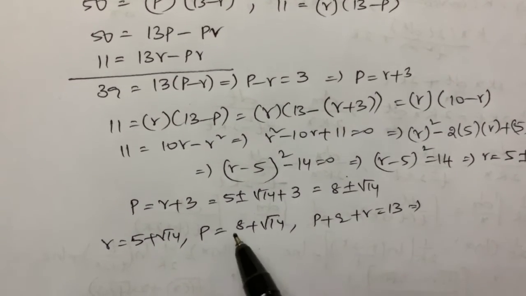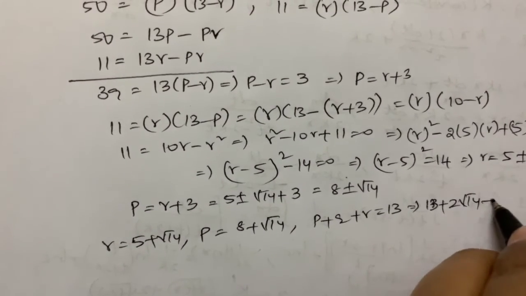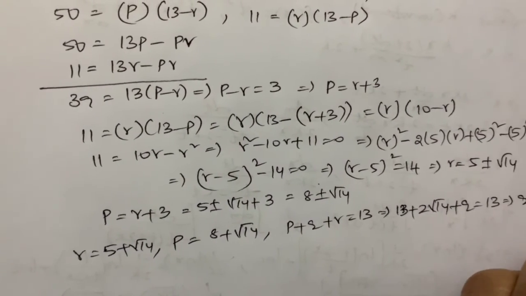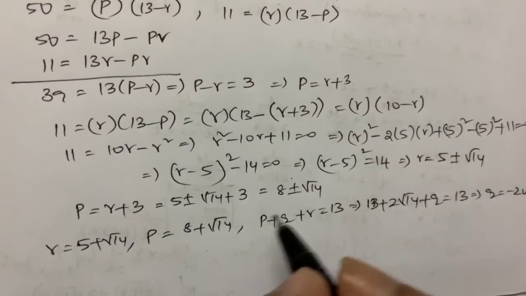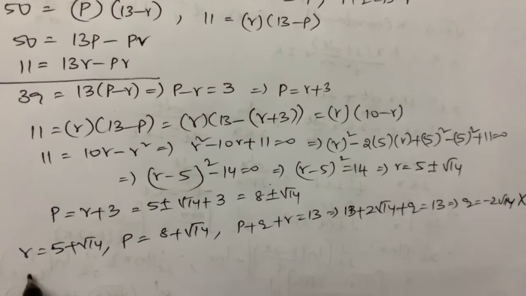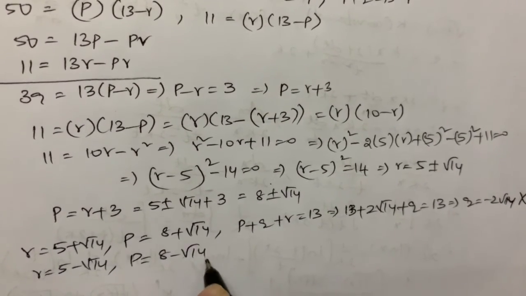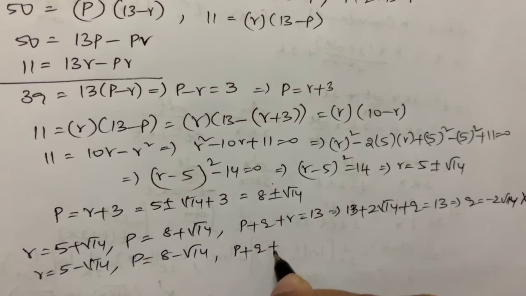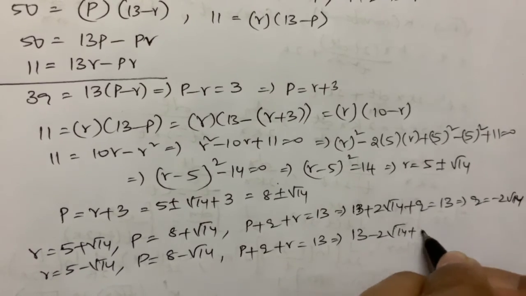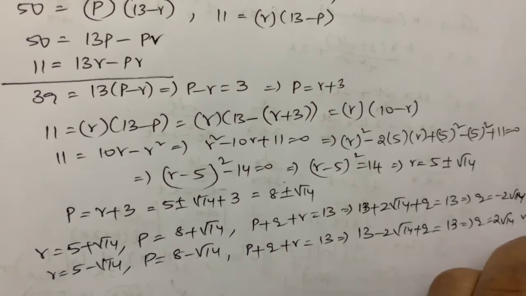So P plus R is 13 plus 2 root 14, plus Q is equal to 13. So Q is equal to minus 2 root 14. So 8 plus root 14 and 5 plus root 14 are not acceptable. So R should be 5 minus root 14 and P should be 8 minus root 14. Then P plus Q plus R is 13, which is 13 minus 2 root 14 plus Q is equal to 13. So Q is equal to 2 root 14.